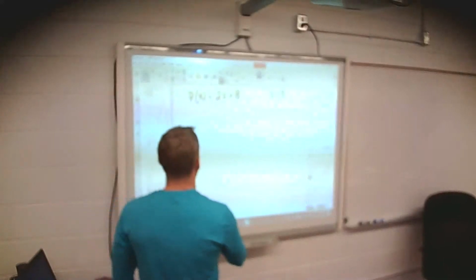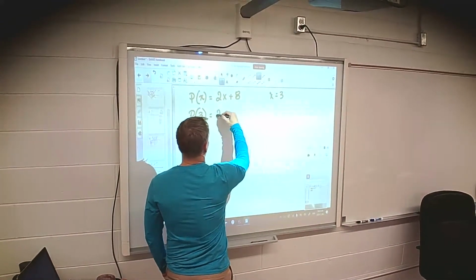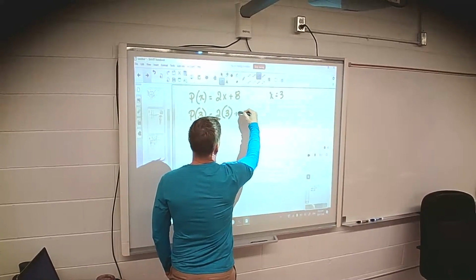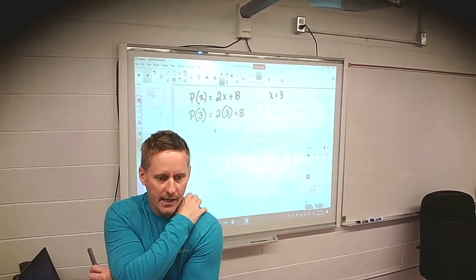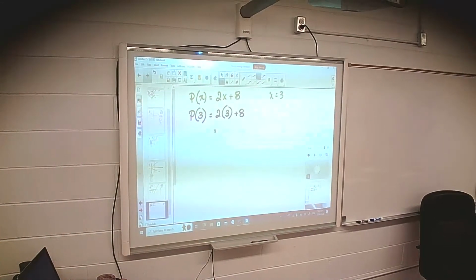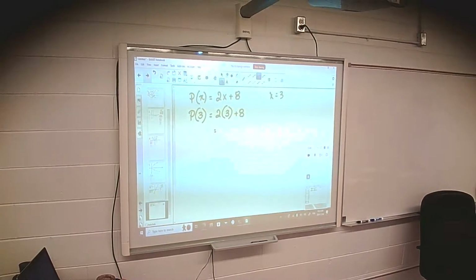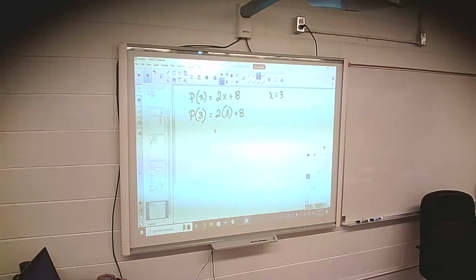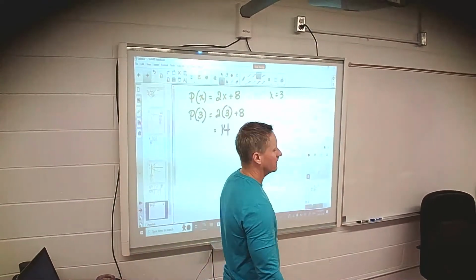So I put in P of 3 equals 2 times 3 plus 8. So the input value is 3. So what do I do to it? I times 3 by 2 and plus 8. What's 2 times 3? 6 add 8? 14. So when x is 3, y is 14.